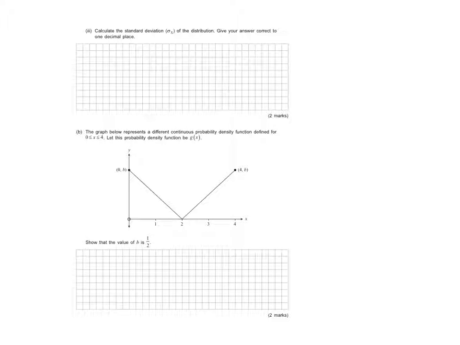The next part asks us to calculate the standard deviation of the distribution and give the answer correct to 1 decimal place. So we have to make sure the final answer has 1 decimal place. You can calculate the standard deviation with everything under the square root, or you can calculate the variance and then take the square root of your final answer, whichever you find easier.